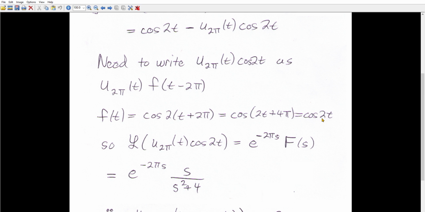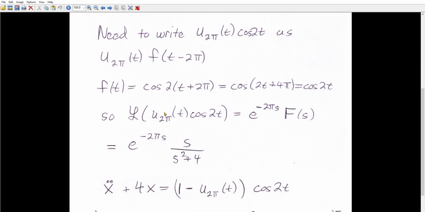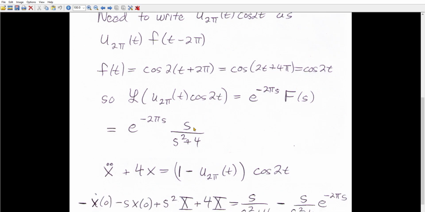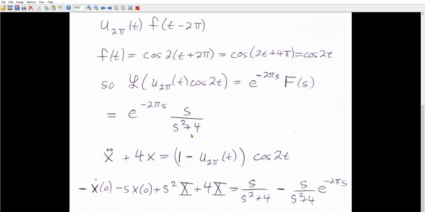And this is the thing that we can treat as f of t minus 2 pi. So when we transform this we get e to the minus 2 pi s times the transform of cosine 2t, which is s over s squared plus 4. So that's the transform of that second piece.